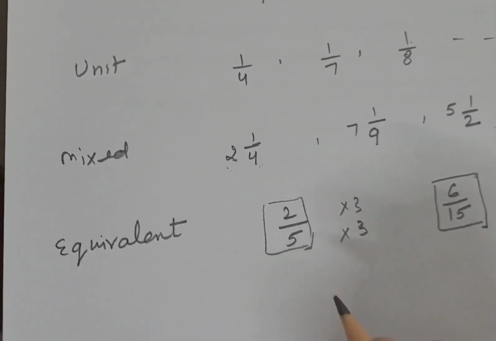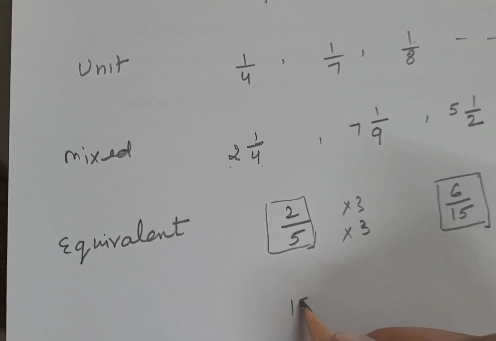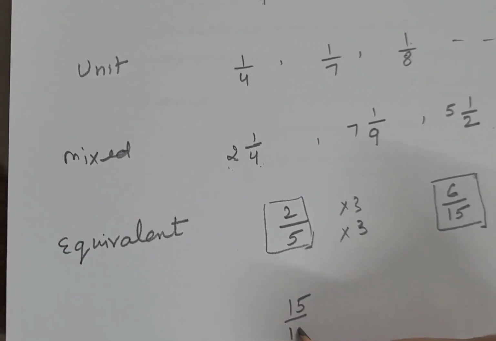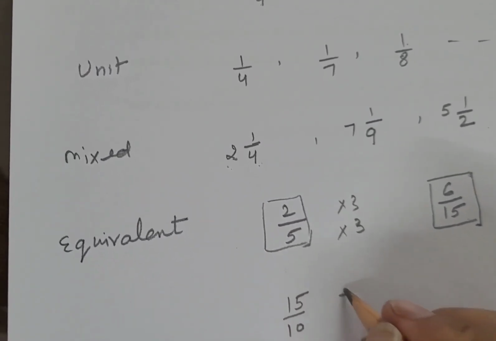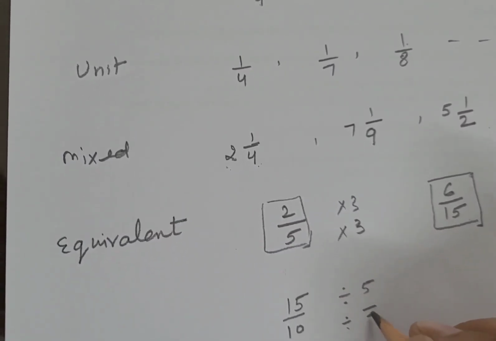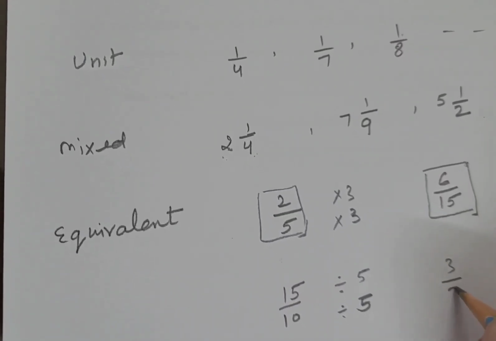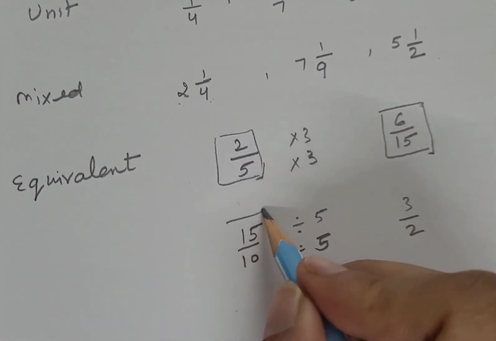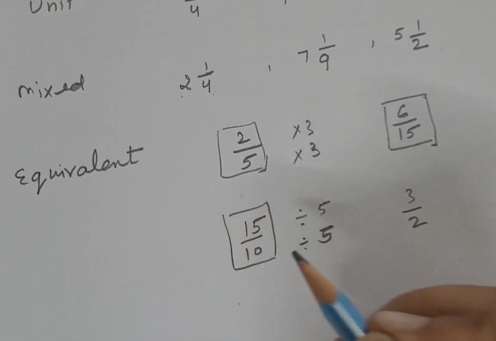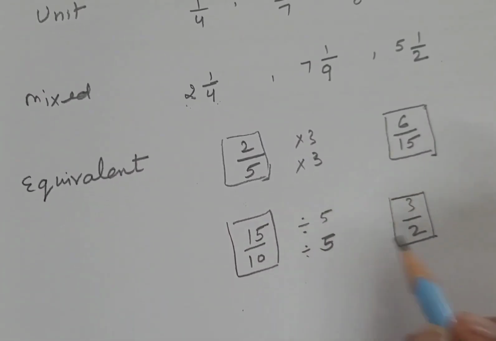In another case, suppose I have a fraction like 15 by 10. If I divide the numerator by 5 and the denominator by 5, what will I get? 3 by 2. So the fractions 15 by 10 and 3 by 2 are both equivalent fractions.